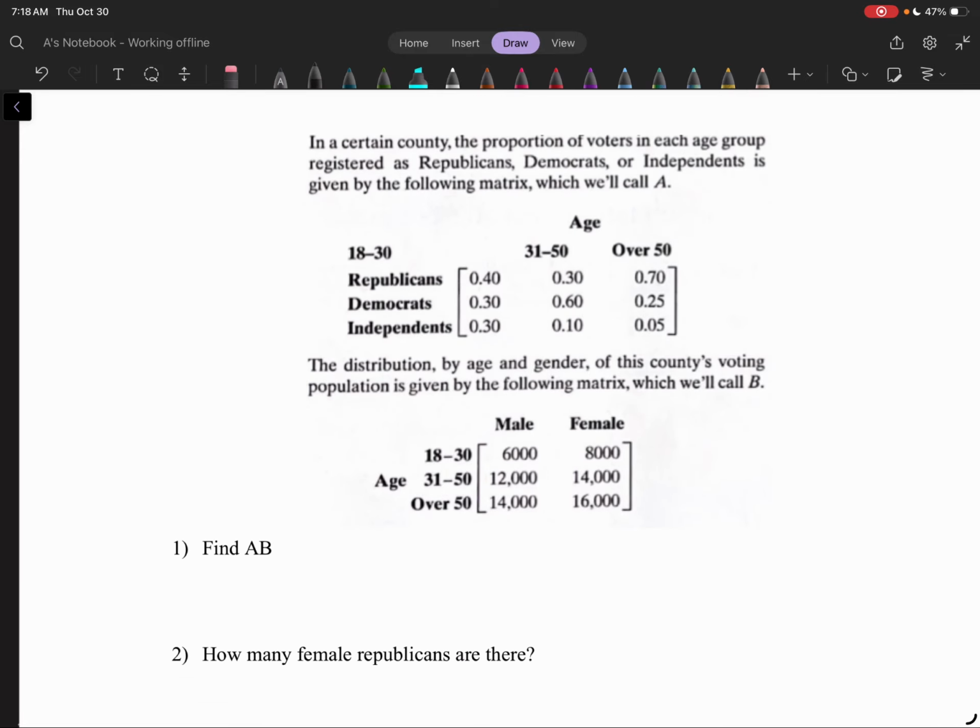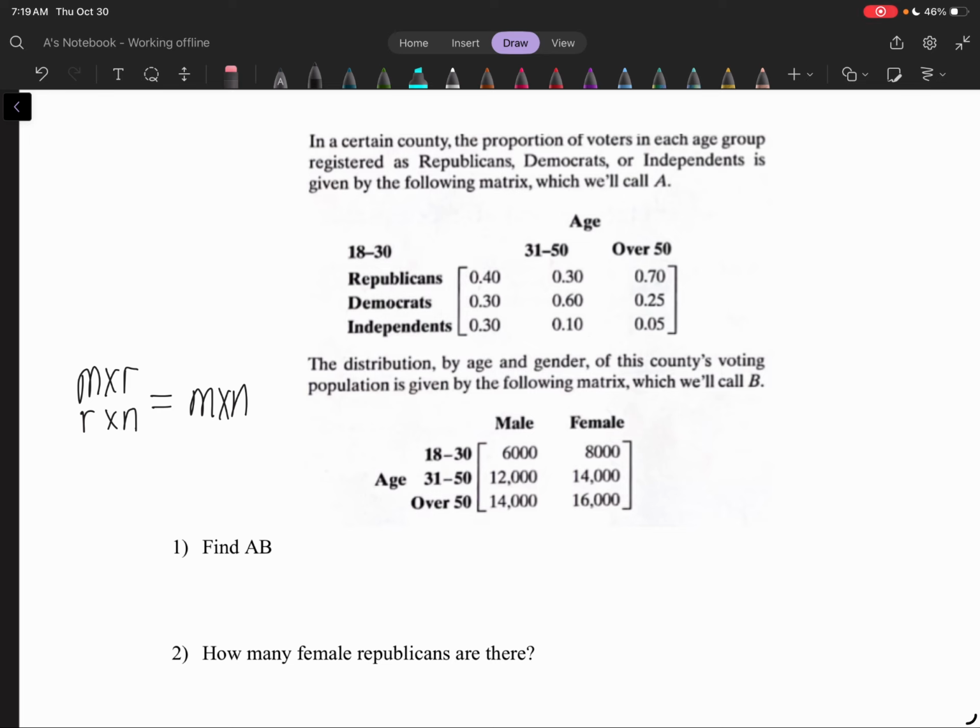After you do this problem, that will probably make sense, but I want to remind you of something. Whenever we do matrix multiplication with row M, column R times row R, column N, the result is M by N. Rows and columns have to match.